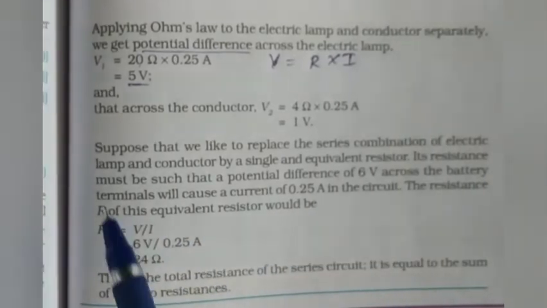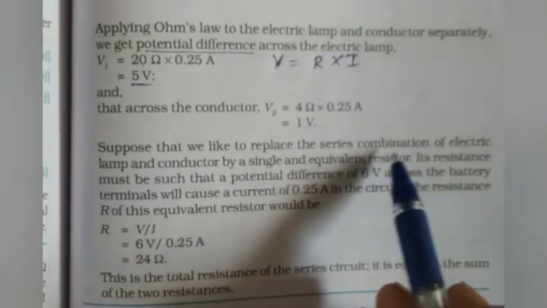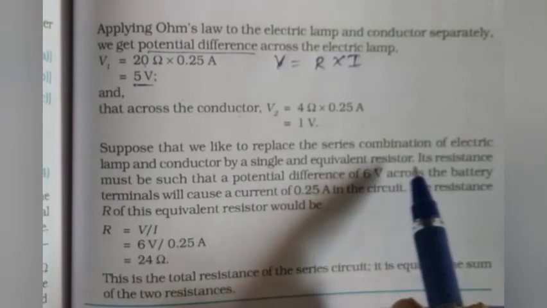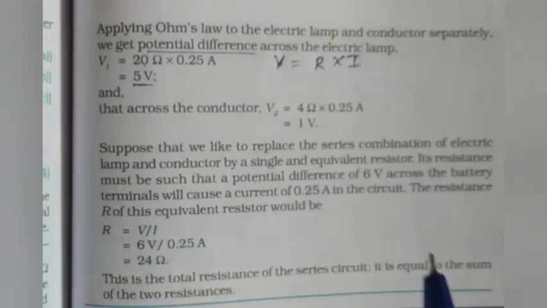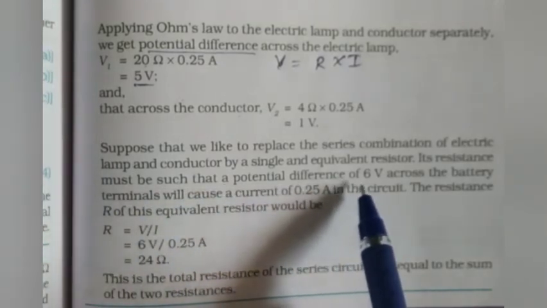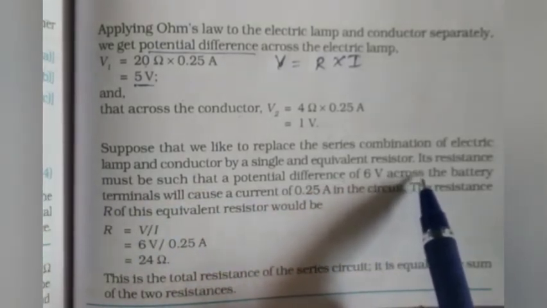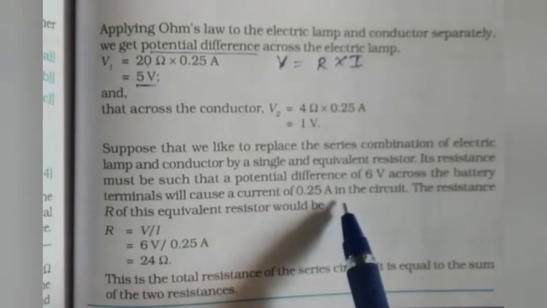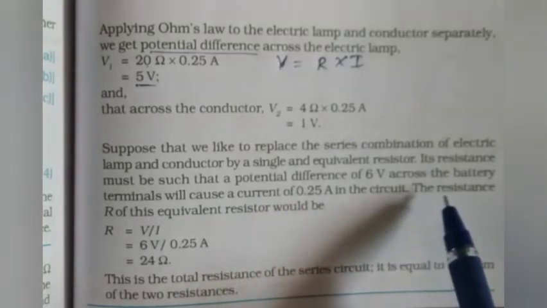Now suppose that we replace the series combination of the electric lamp and the conductor by a single equivalent resistance. We remove both the conductor and the lamp, and in place of that, we introduce the equivalent resistance. Its resistance must be such that the same potential difference of 6 volt across the battery terminals will cause a current of 0.25 ampere in the circuit.